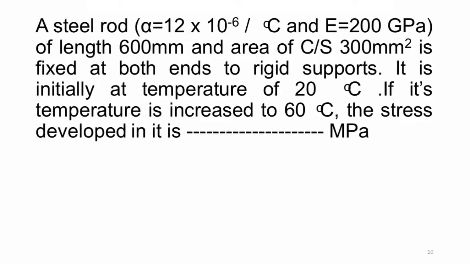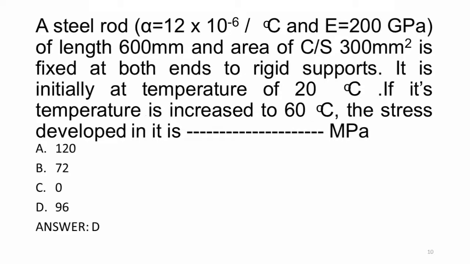Next question, again one question on temperature stresses. Whenever numericals are asked, you must be ready with the appropriate formula. The formula for temperature stress is alpha TE. Again the inputs are given and the answers are one of the options.